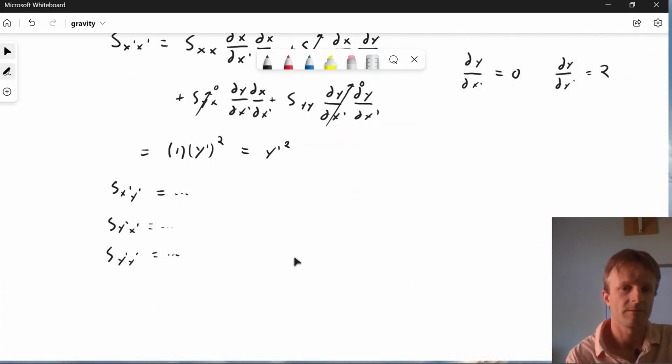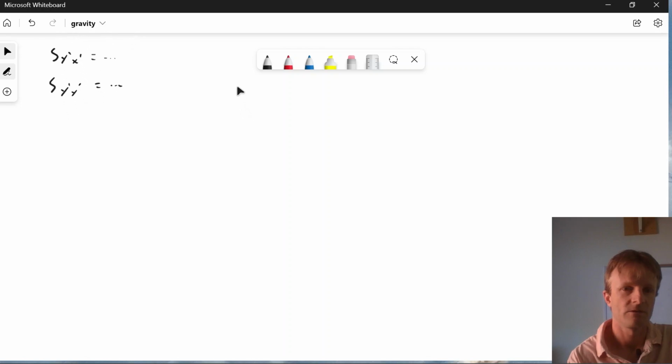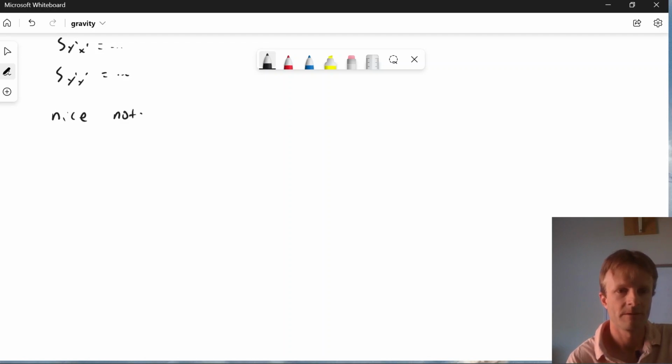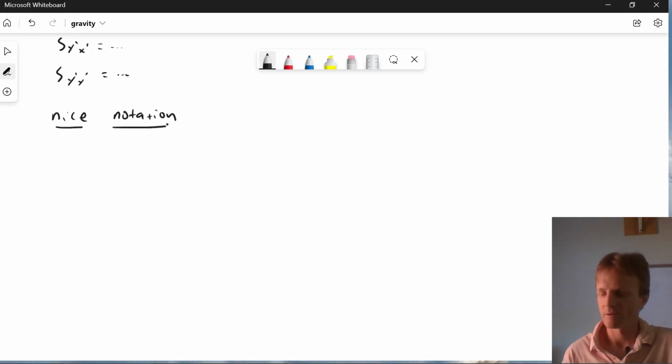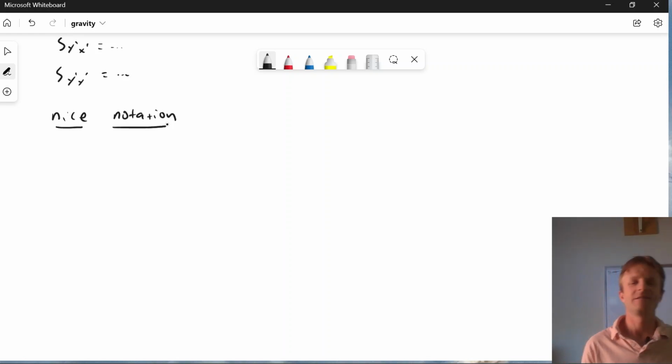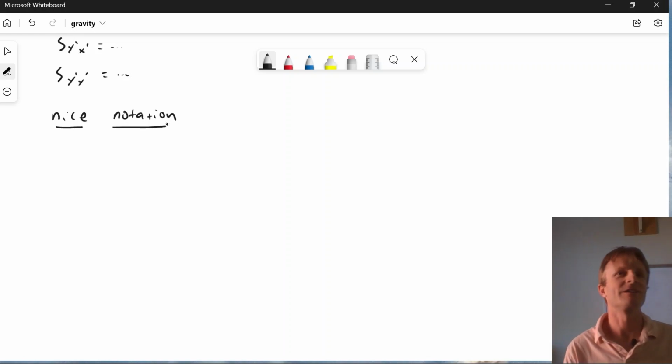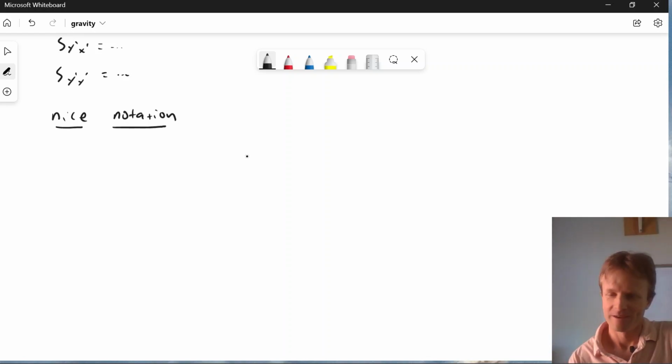But let me show you one of the ways in which this notation that we're introducing works in your favor. Show you why I insisted that the dual vectors are gradients of coordinates. Well, that's a great notation, because look what I can do.